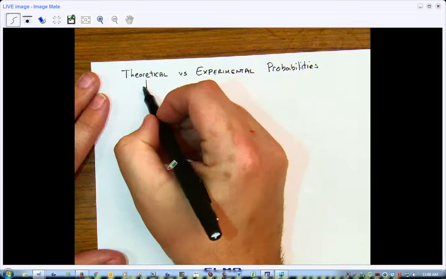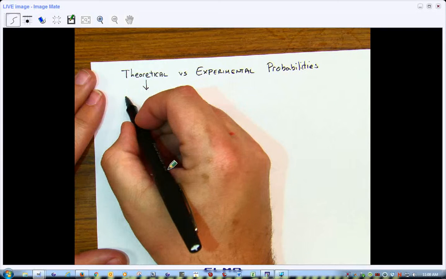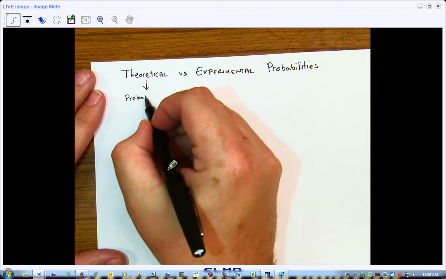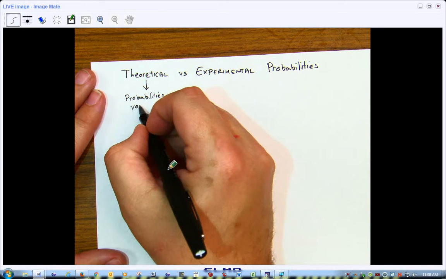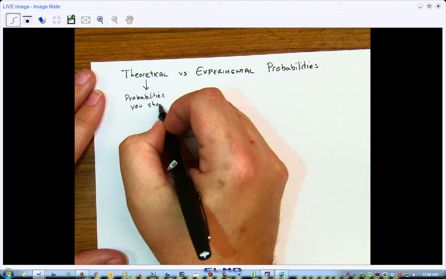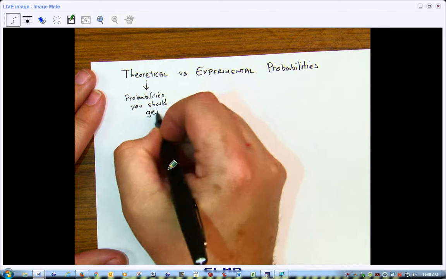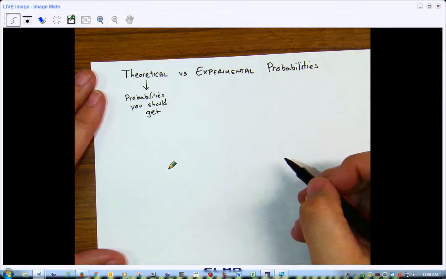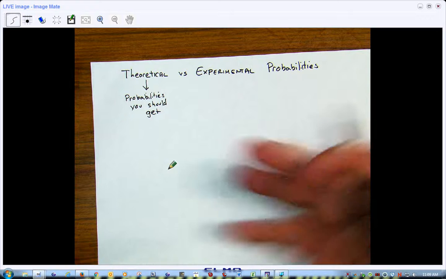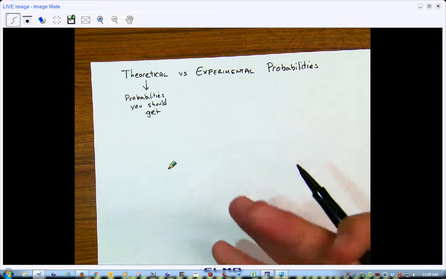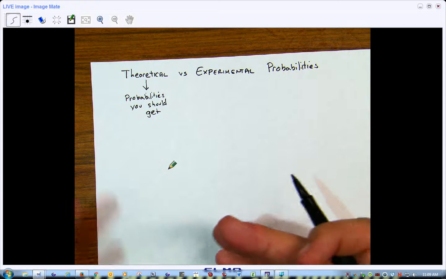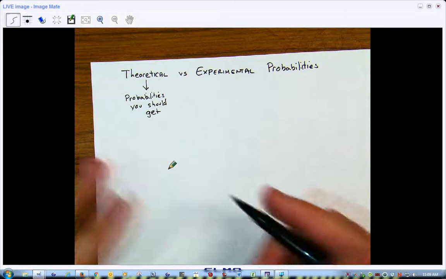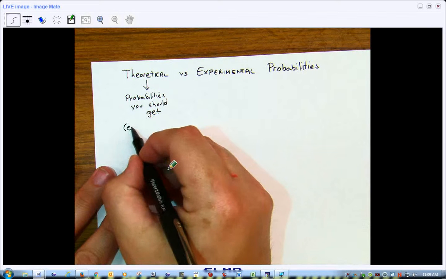Theoretical probabilities are probabilities you should get. So these are things that we should see happen, and it's what we expect to happen.